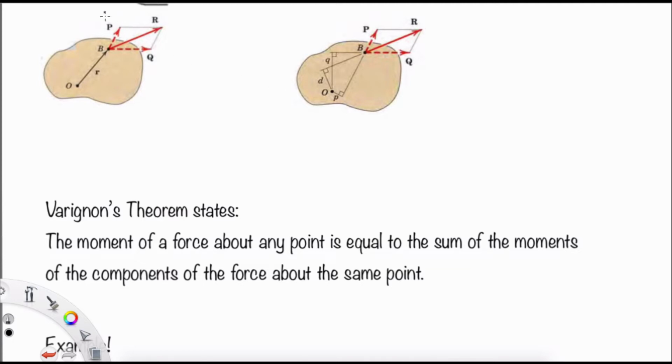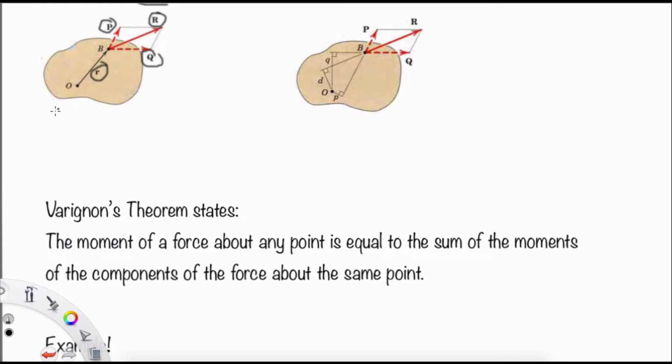Here we have two forces, P and Q. The resultant of these two forces is R. The small r here is the distance from the resultant R to the point of moment.